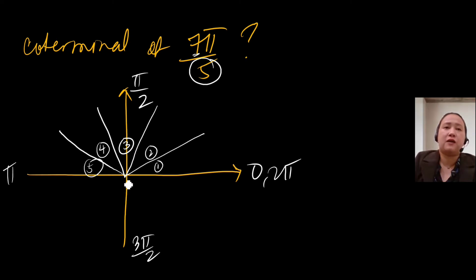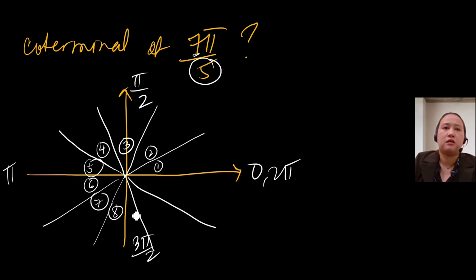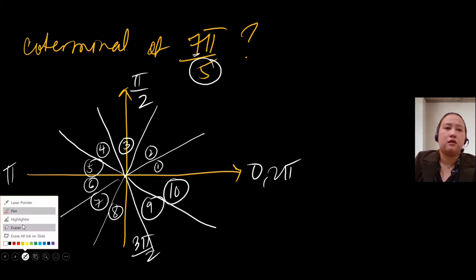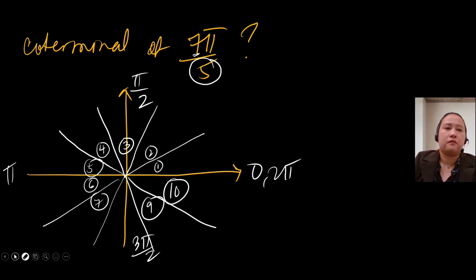We have to divide the other half, pi up to 2 pi, into 5 again. So we have 6, 7, 8, 9, and then 10. Let us put 8 at the middle.